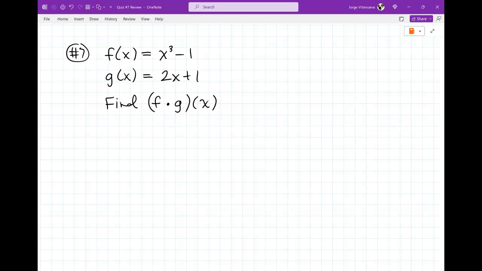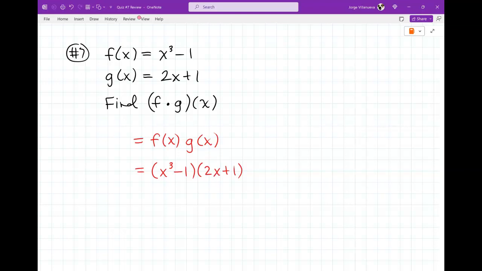All right? So finding f times g of x. Okay, remember, f times g of x by definition is the same as writing f of x times g of x. Okay, we're multiplying them. So I'm just going to write f of x really quick. That's x cubed minus 1 times g of x, which is 2x plus 1.